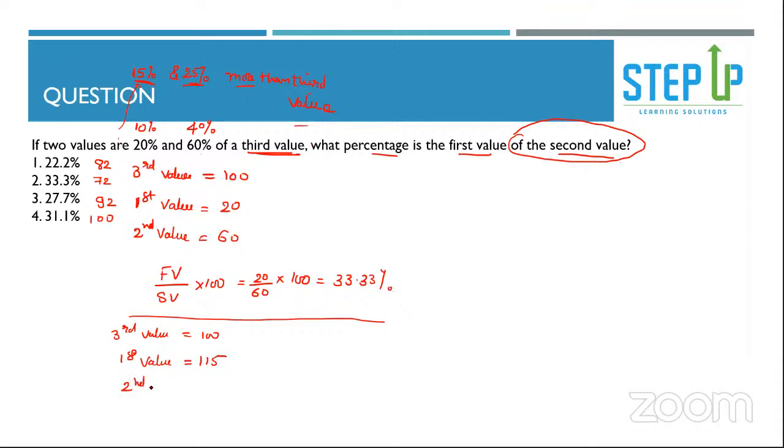And the second value will be 125. They're asking the first value of the second value, so 115 by 125 into 100. Cancelling, 23 into 4, 92 will be your answer.